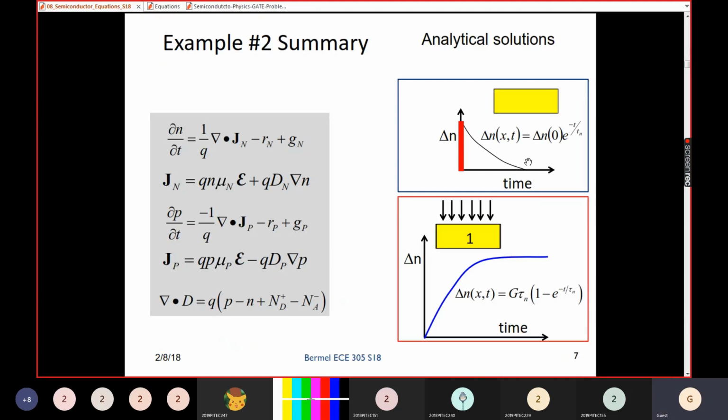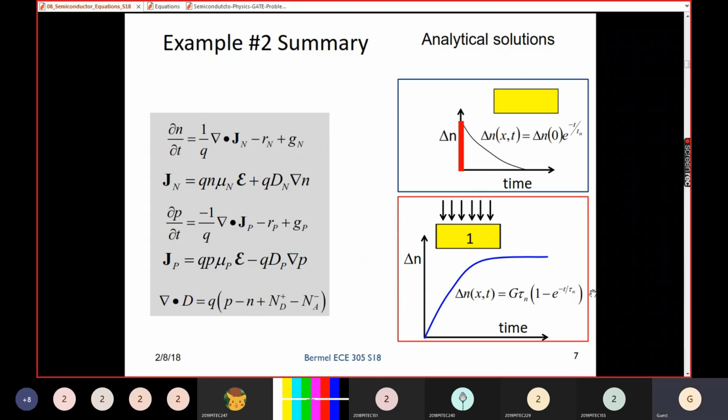Now let us obtain the analytical solutions with respect to the time period for Δn. If x is changing, automatically Δn of x comma t will be calculated. You can see this first graph. You can observe here, no initial conditions are present, x is equal to 0. That's why you are getting Δn of 0 into e power minus t by τn, whereas if the value of x is equal to 1 with respect to the time period, then Δn of x comma t is equal to G into τn into 1 minus e power minus t divided by τn.